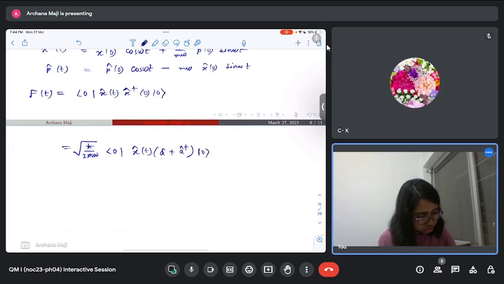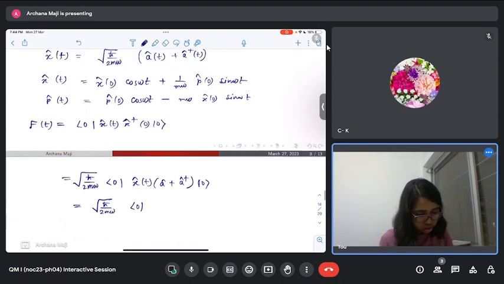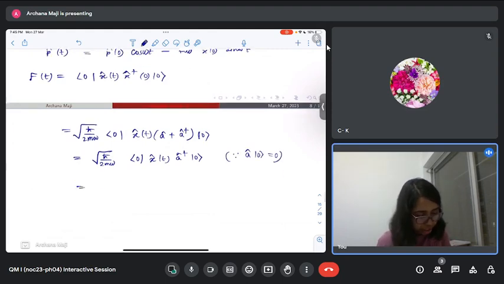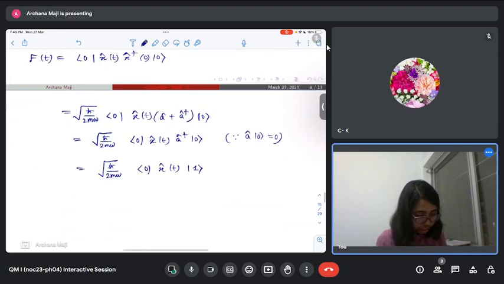Now a acting on vacuum gives 0, so a dagger when it acts on vacuum you will get |1>, since a on |0> equals 0. Now a dagger on |0> is what? It's a dagger on |n> is square root of n plus 1 times |n+1>. So <0| x(t) |1>. Fine. Now x of t we will substitute.